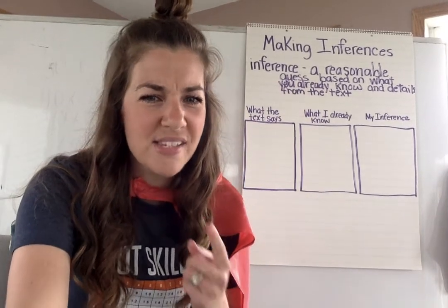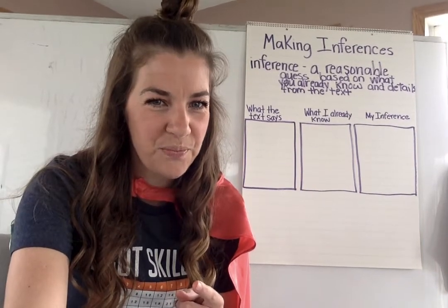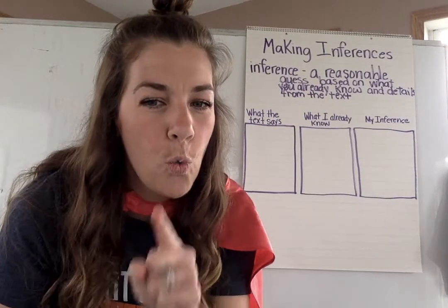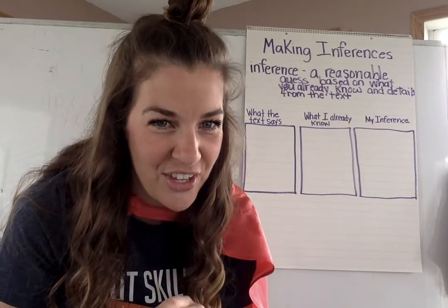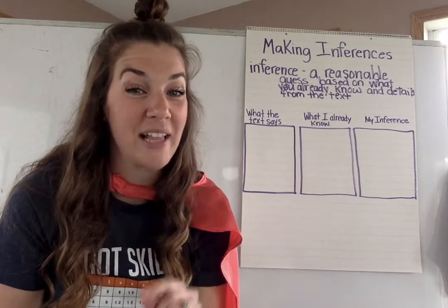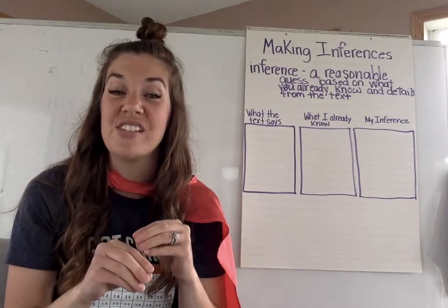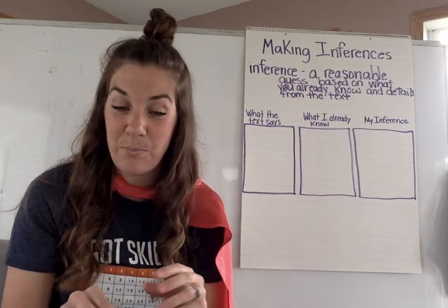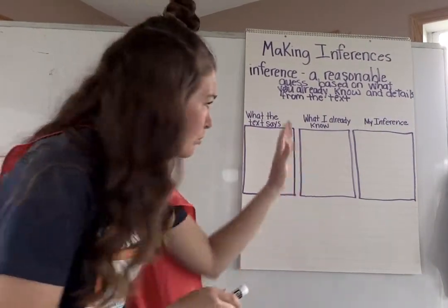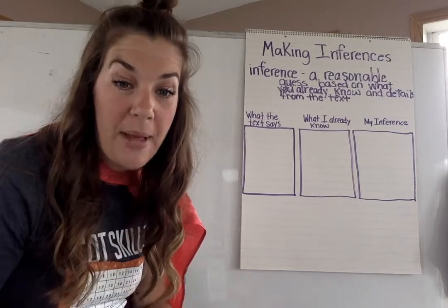Okay, so let's see if we can use our inferencing superpower to make that reasonable guess about who we think the penny thief is. Because if you were listening very carefully, the text does not directly tell us. That's where we're going to have to use our superpower. We're going to have to see something that's not really stated. So let's think about this chart that you see up here. What does the text say specifically about the pennies?